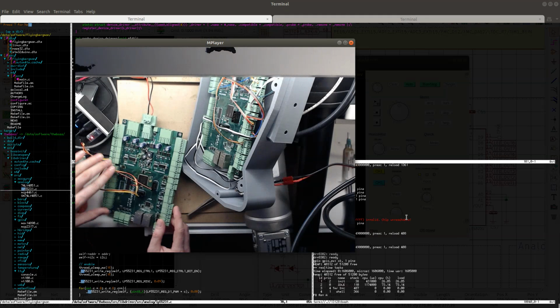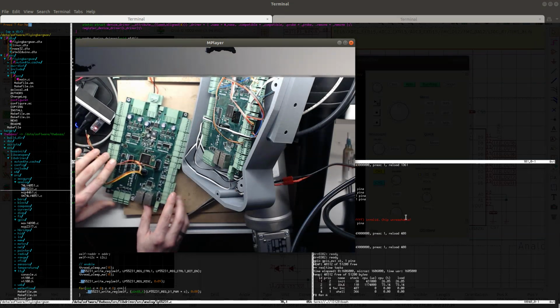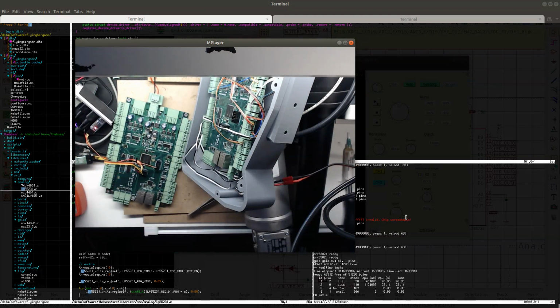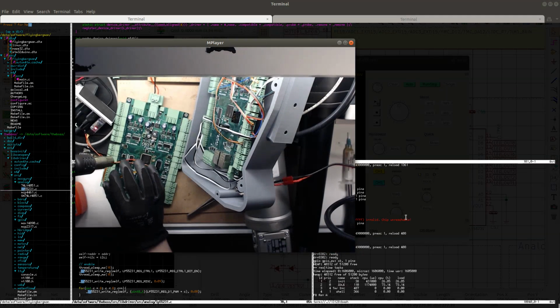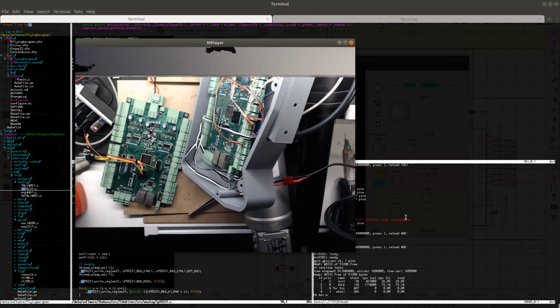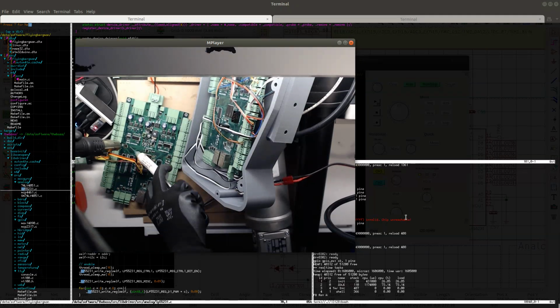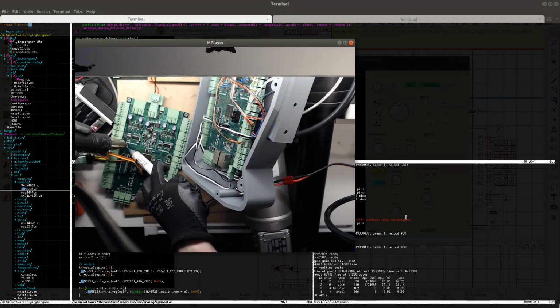Let's see if I can do this without melting the wires. Fantastic quality of custom soldered boards.